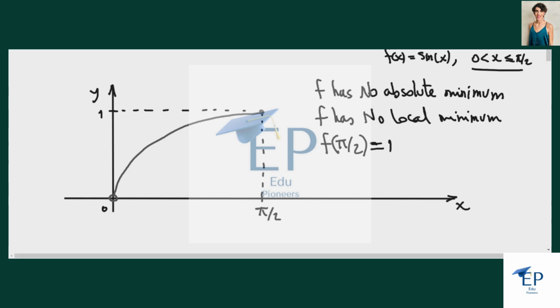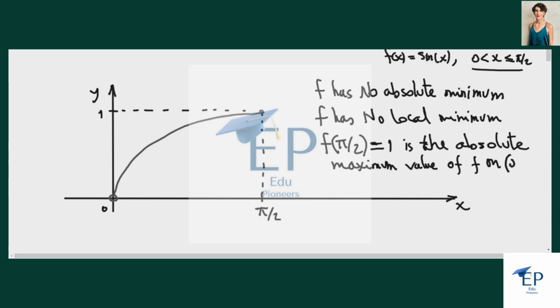So f of pi half equal 1 is the absolute maximum value of f on the interval open 0 and close pi half. That is, the value 1 is the absolute maximum value of the function, and it is attained or it occurs at pi half.